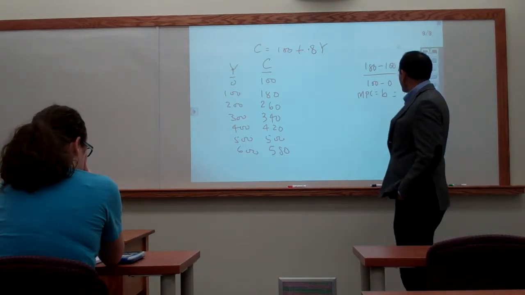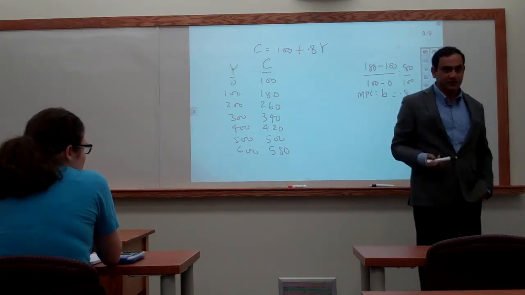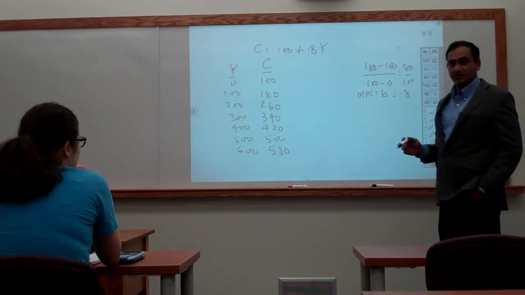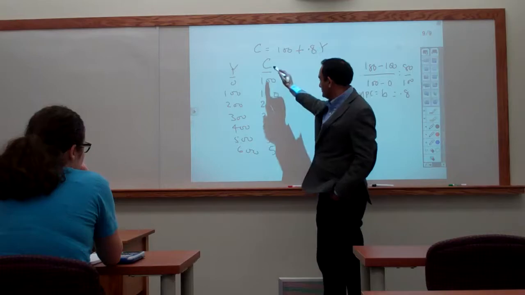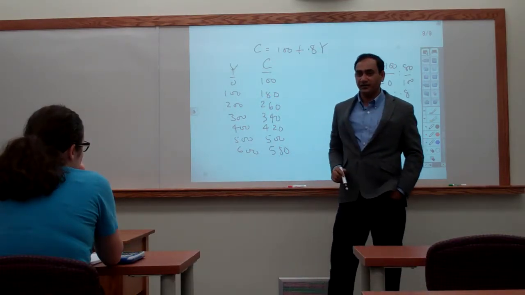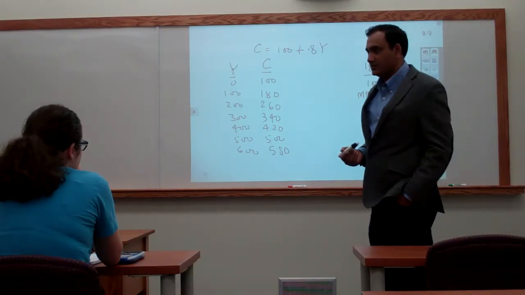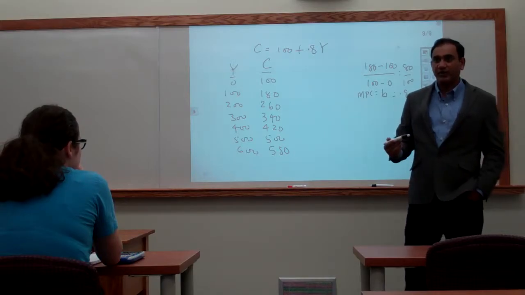But next I would ask you to do, I didn't give you this equation, I would say what is the consumption function, let's say. So you have to identify A then. Suppose I did not give you this information at all. I just give you these 2 columns, and based on that, I'm asking you to write down the consumption function. You already identified the slope of the consumption function, which is B, 0.8.